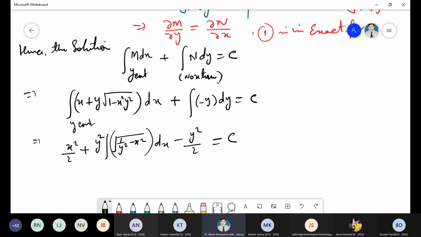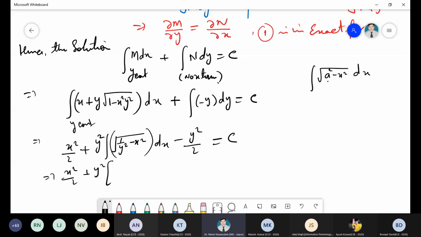Now you can take this implies that x square by 2 plus y square. Now you can take the integration of that. Which formula will apply? You know the formula of integration of square root of a square minus x square dx, where a is constant.